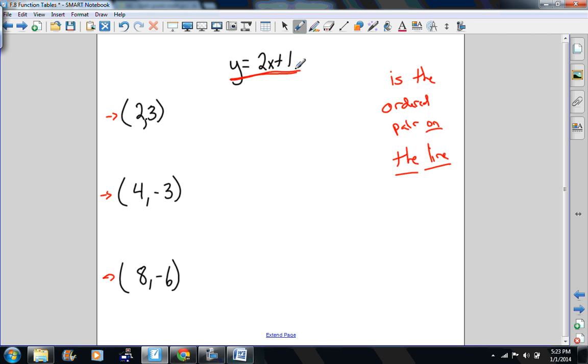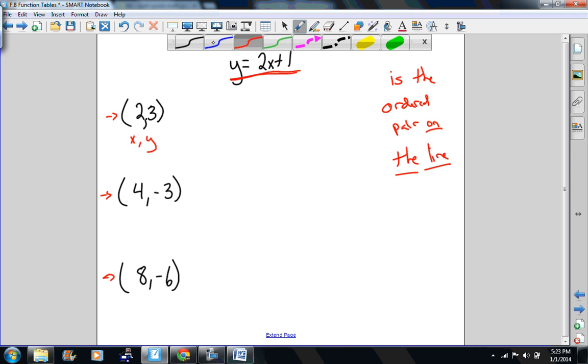Okay, so this is our line, and the question is this ordered pair on this line? And the easiest way to do it, we know that an ordered pair is x comma y. These are alphabetical. X comes before y in the alphabet, so x comes before y in an ordered pair. We plug them into the equation, and we try to solve. So the x goes right there, and the y goes right there.